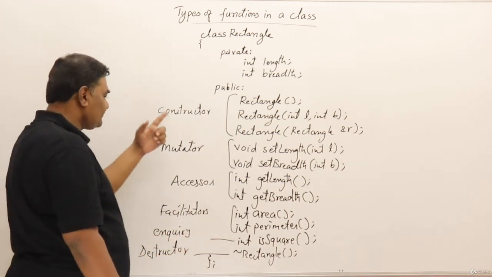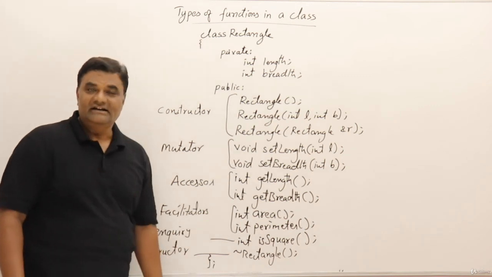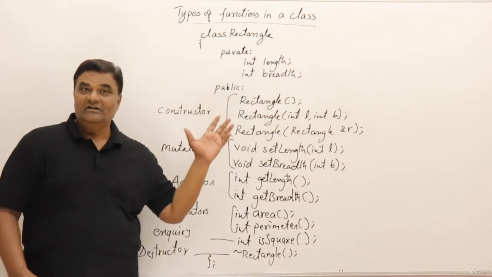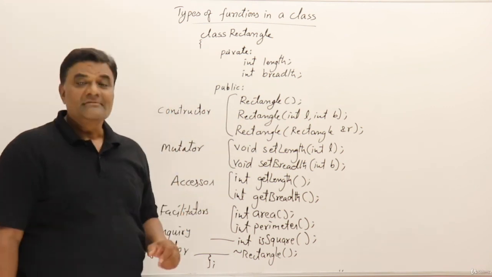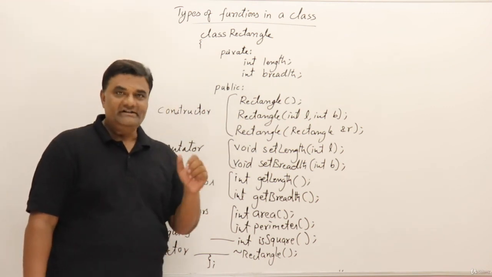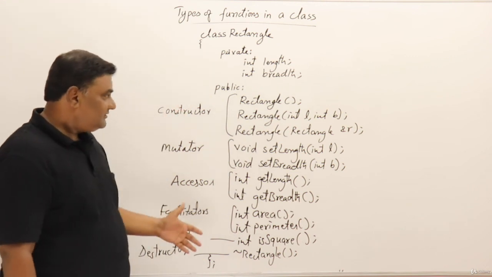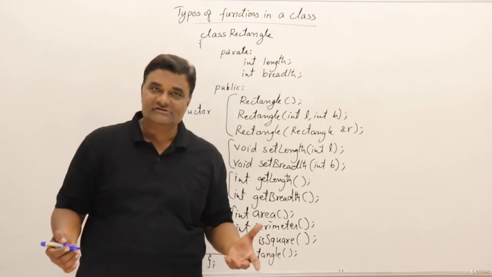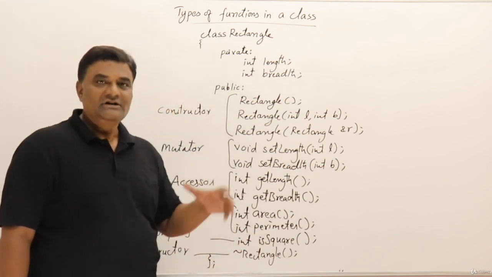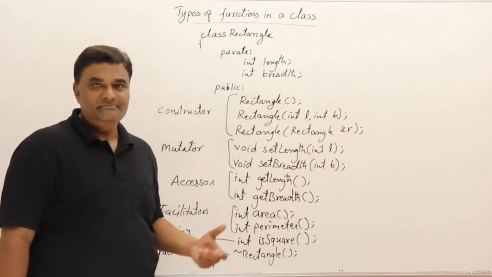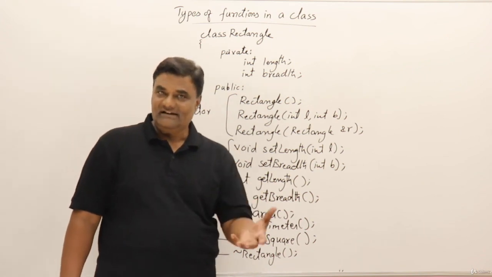So these are the types of functions any class can have. If you are writing all these possible functions in a class, then you are writing a perfect class, whether you need them or don't need them. That's all. These are the set of functions that a class can have. So just remember them and practice them. Okay, I will also write a class and show you.